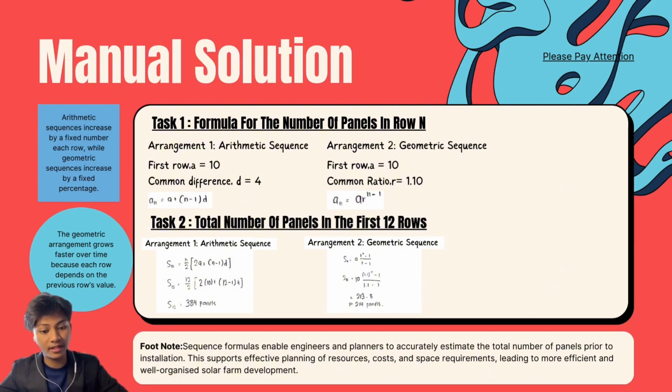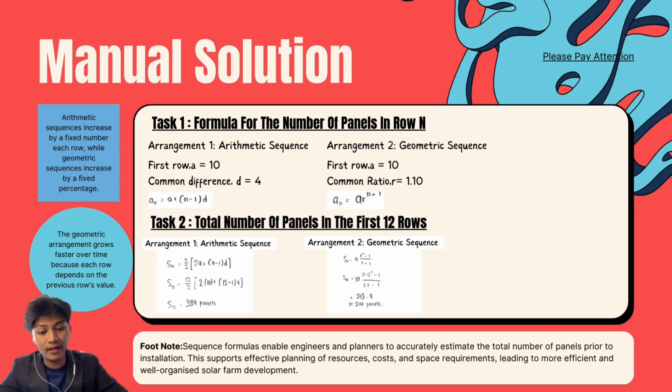So we have to use a different kind of formula, because unlike the previous formula, which is used to find the number of panels in a certain row, for example the first row, the second row, or the third row, this task asks us to find the total, starting from 1 until 12. For the first arrangement, the arithmetic sequence, we have to find the total of the first 12.